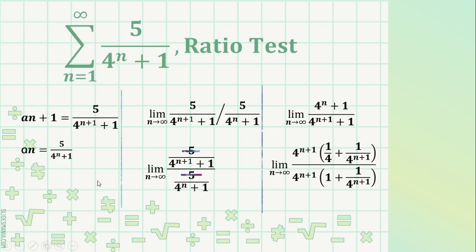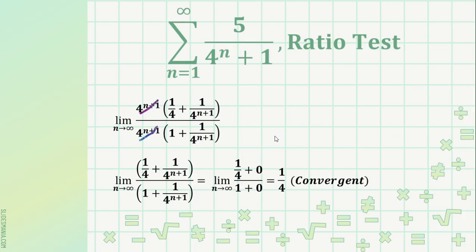4 to the power n over 4 to the power n plus 1: we change it so that 4 to the n is the numerator and 4 to the n plus 1 is the denominator. And then we factorize it again like before, but now with 4 to the power n, so it becomes 1 over 4 plus 1 over 4 to the n in the numerator, over 1 plus 1 over 4 to the power n in the denominator.